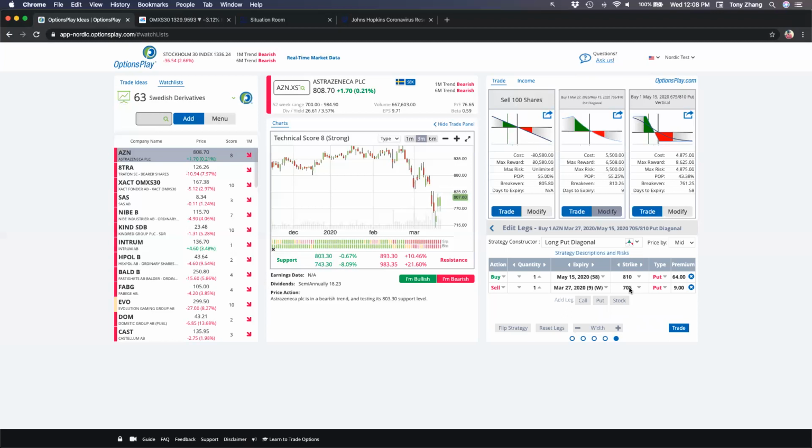But if the stock is below 705, then what you need to make sure is that you buy back this put so that you can continue to maintain your long-term exposure to the downside. So it's a more advanced strategy, but this is the type of strategy that would be required to trade in these types of extreme volatility environments.